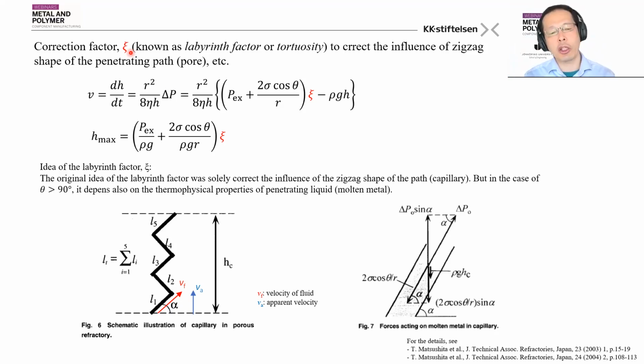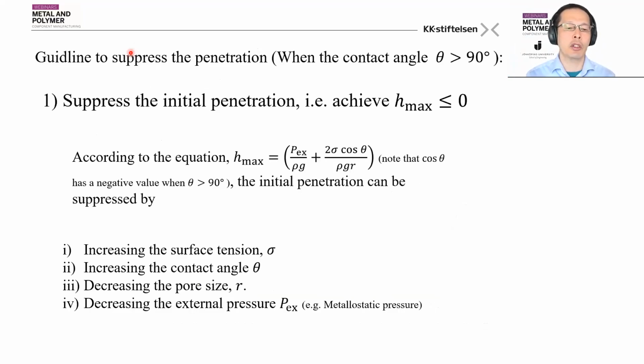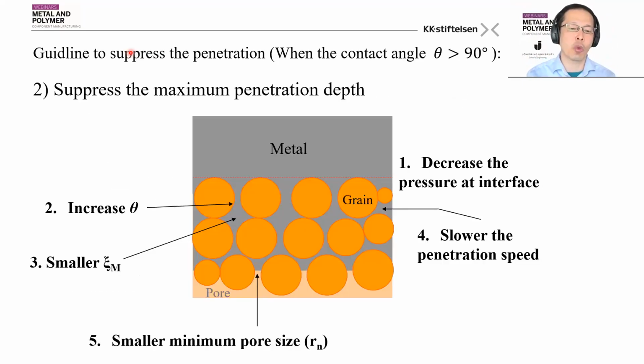If we go to the higher pressure range, then the molten metal can penetrate into the smallest pores as well, so it can penetrate almost straight. So we don't need this correction factor, but at a lower pressure range, the molten metal will choose the larger pores, so its path goes through a zigzag path. So we need this correction factor.